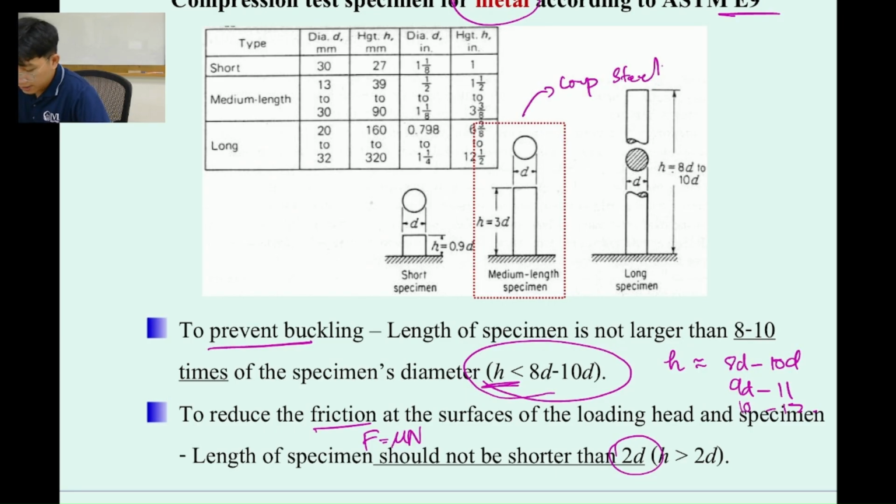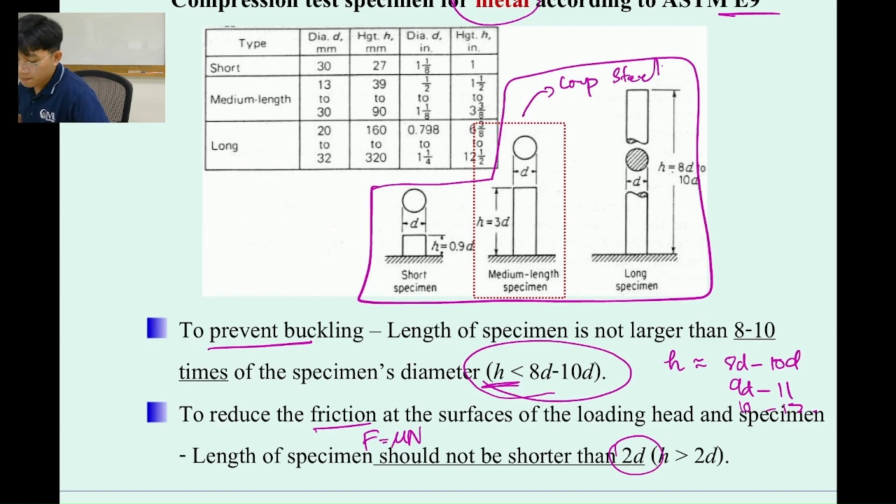So I may provide you these figures and then ask you which one is the appropriate length of the compression steel for testing without having buckling and friction. So you can just pick the medium length specimen over here. Okay, so it can be asked like 3 questions from one slide.